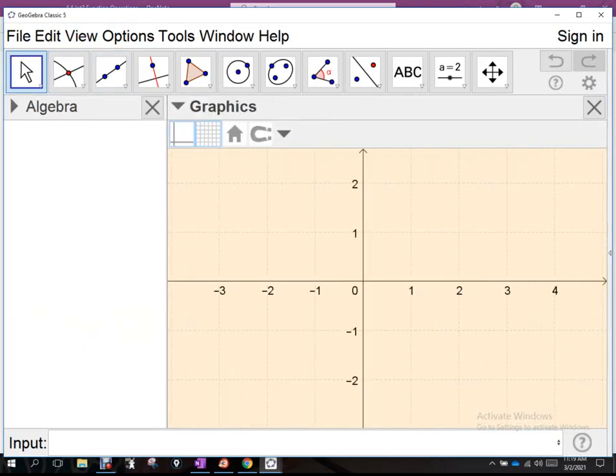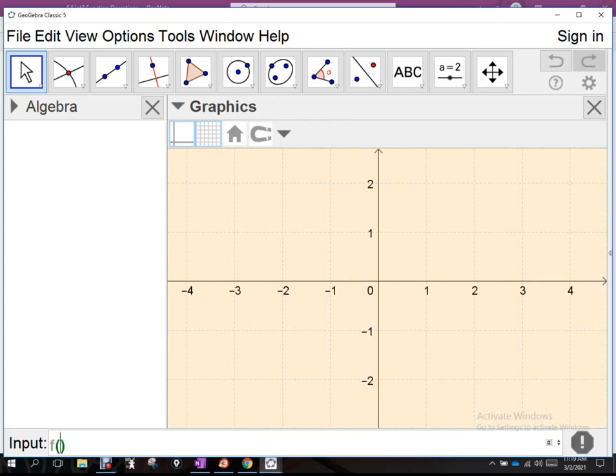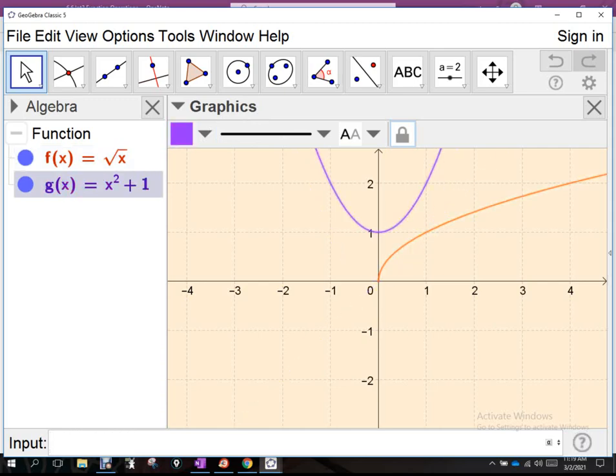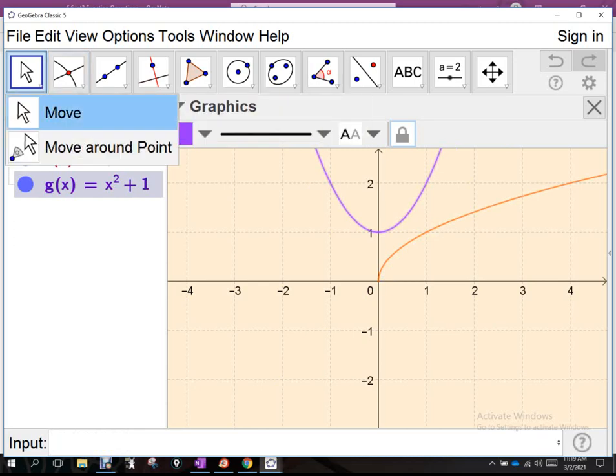All right, so f was, no, f was square root of x, right? Square root of x. And g of x was equal to x squared plus 1. What is happening here?